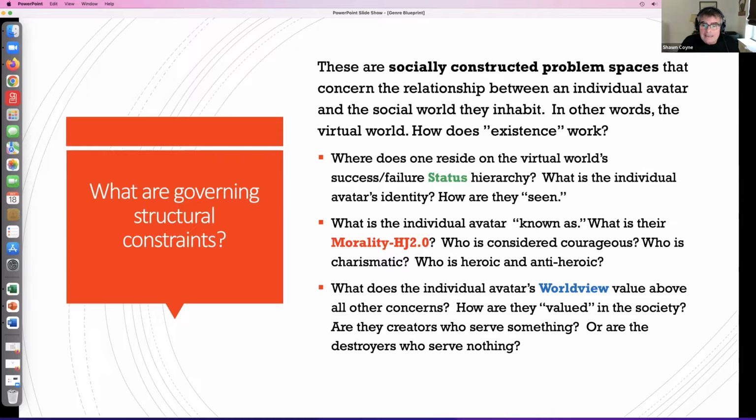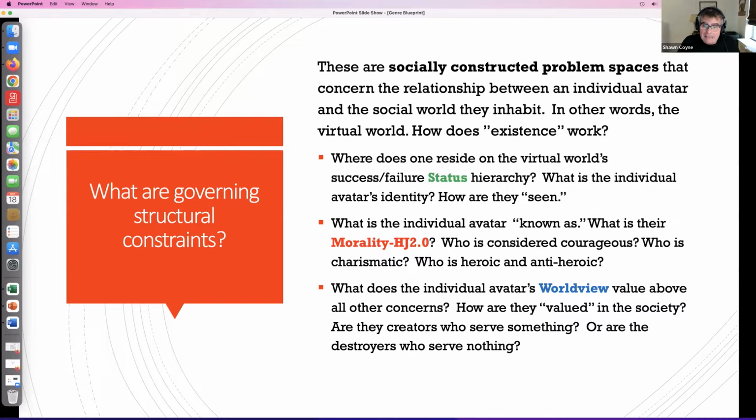Okay, what's next? Well, what is the individual avatar known as? What is their morality? Who is considered courageous? Who is charismatic? Who is transparent and ethereal? Who is heroic and anti-heroic? That's how a being is known in the virtual world and in the real world, by the way.